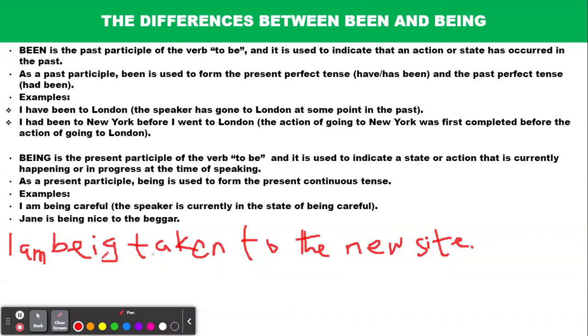In this case, being is used together with a past participle in a passive sentence. A passive sentence is a sentence in which the subject is being acted upon, or the subject is the receiver of the action.